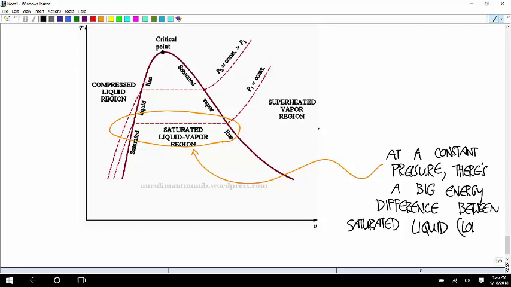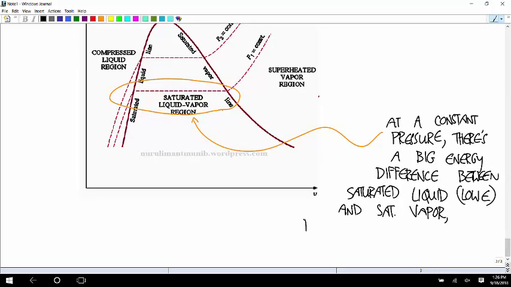Low. And saturated vapor, but there's no corresponding change in temperature. No corresponding temperature difference.